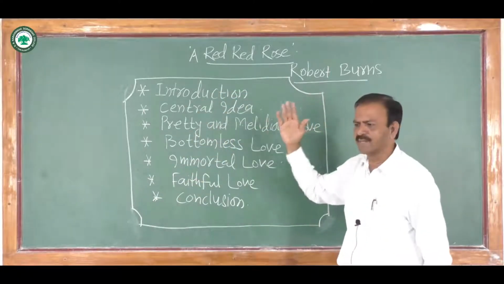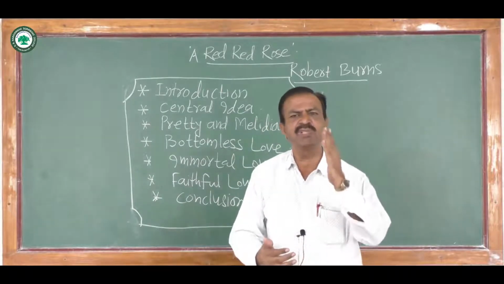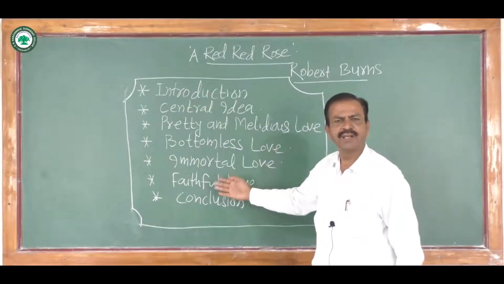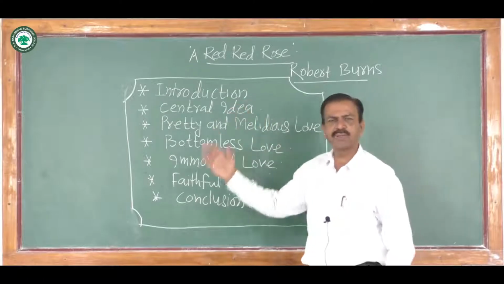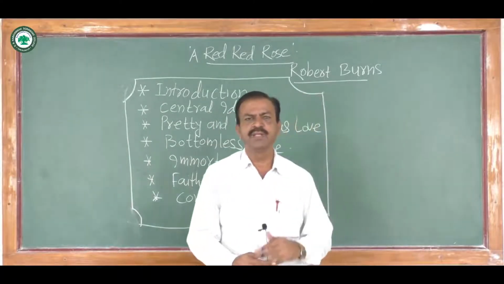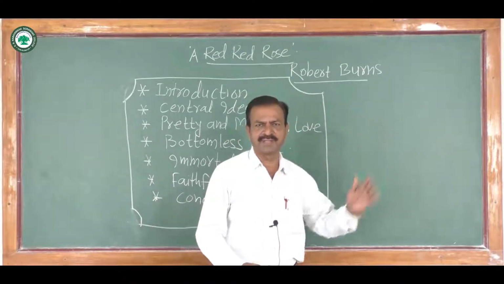Robert Burns. So in this video you will study this short poem under these heads, or we can say this is our lesson plan. First of all, we will see the introduction, that is related to the poet Robert Burns.